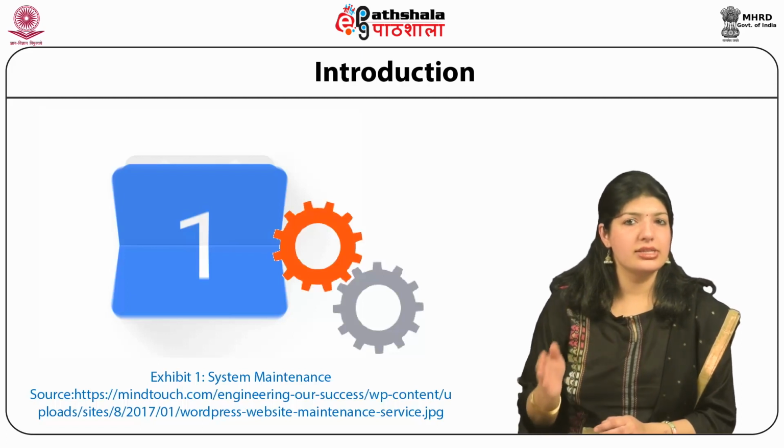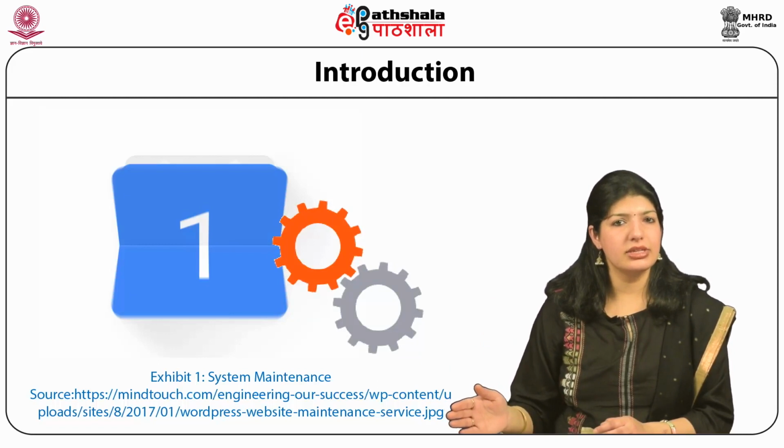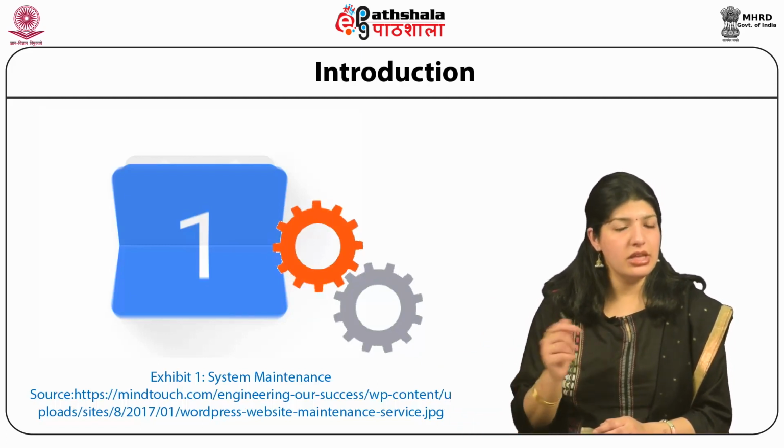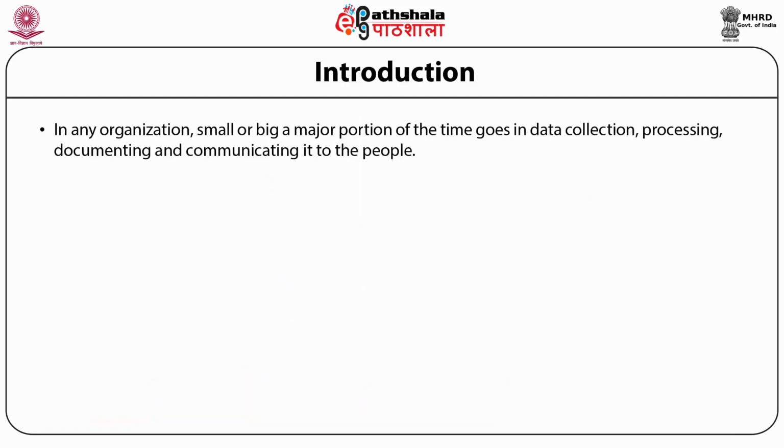Maintenance coordination is the act of assessment, planning, and scheduling of maintenance activities, taking into account the operation, maintenance, and engineering requirements. Portion of the time goes in the collection of data, then processing it, documenting it, and finally communicating it to the target audience.